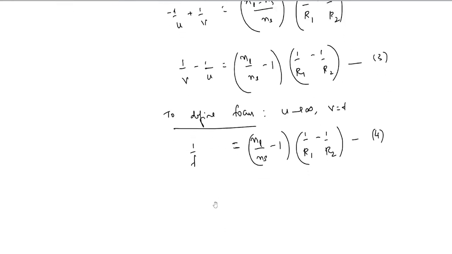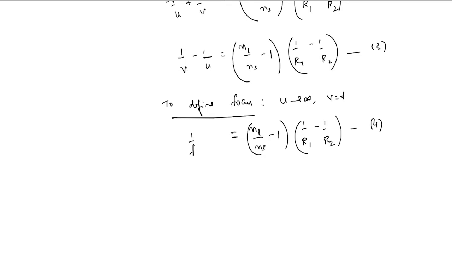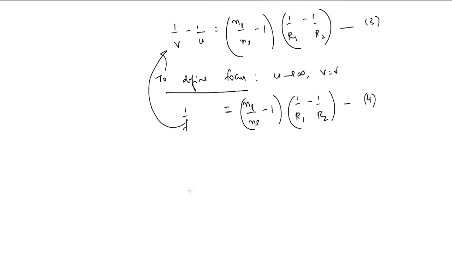Now compare 3 and 4, or you can put this value from here, and we get 1 by f is equal to nl by ns minus 1, 1 by R1 minus 1 by R2.